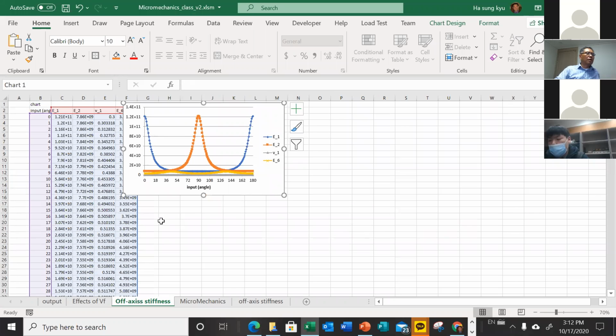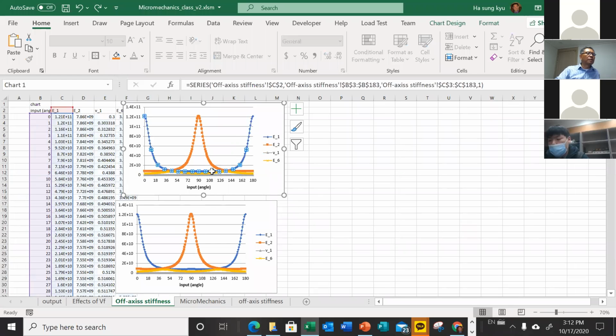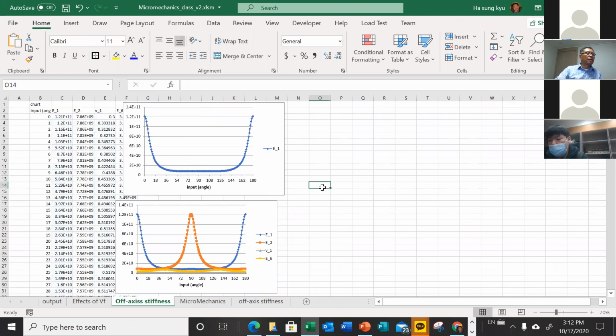Okay, I will divide them into different charts. Only say E1.